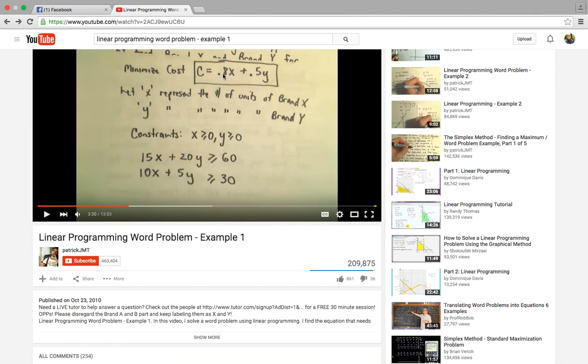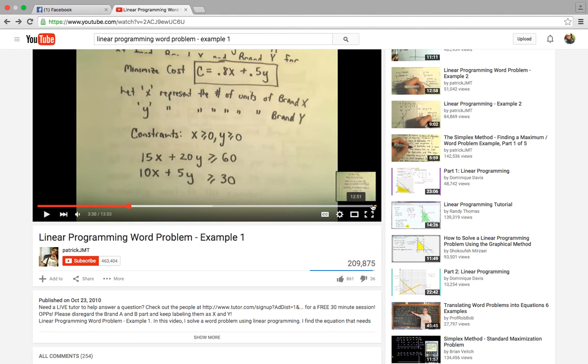He has the objective function right up here, and his constraints from about the 3:30 minute mark up until the end that I pointed out a while ago. We do some different stuff. He does things algebraically. I do things with the graphing calculator.